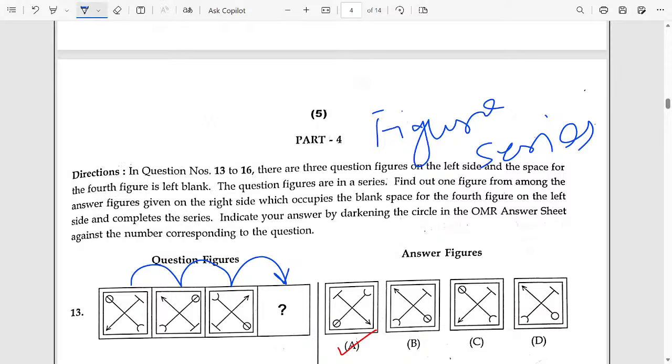So that is why answer option A will come for the 13th, right? So that is how you have to do. So solve these answers and tell me the answers in the comment. This is figure series here.